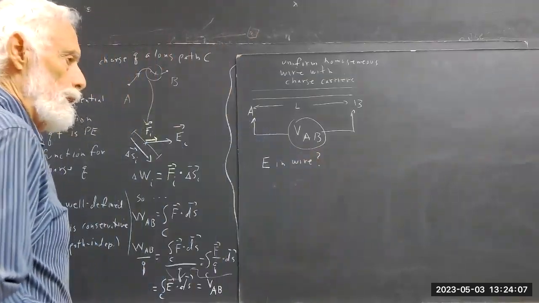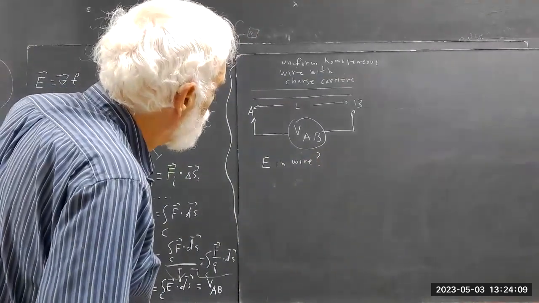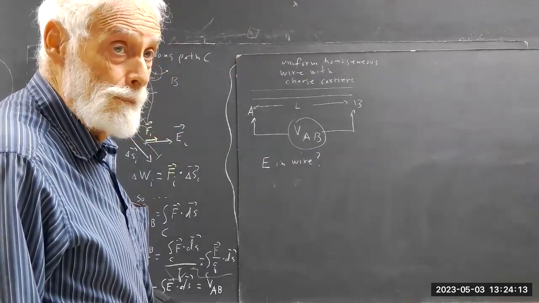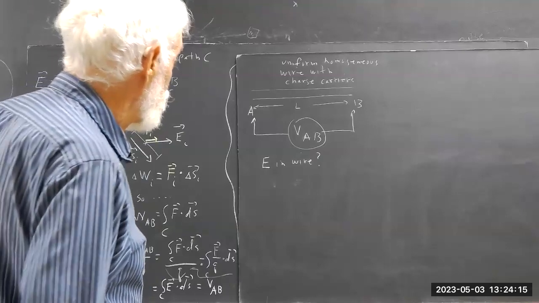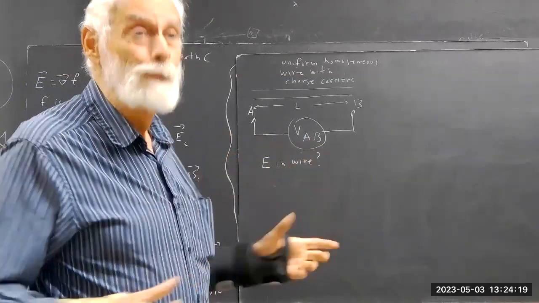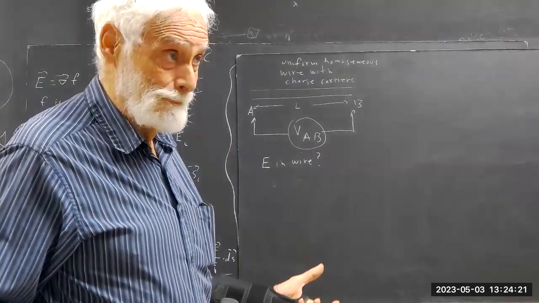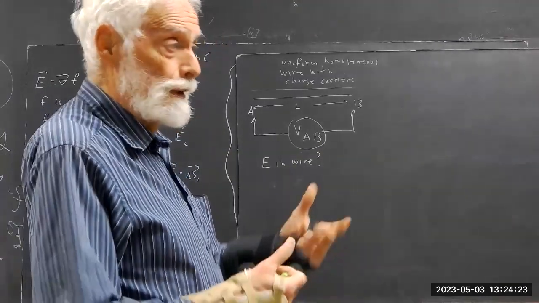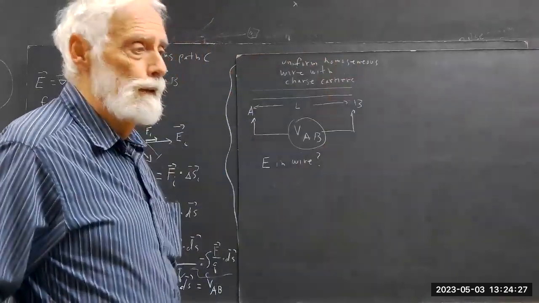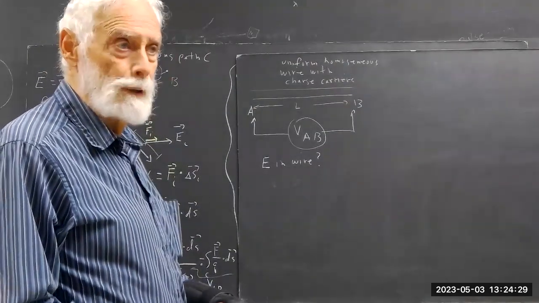Well, in the first place, it's got to be uniform, because if it's not uniform, charges are going to rearrange themselves to make it uniform. You can't have a net accumulation of charge any place. And if it's a uniform wire, the electric field has to be the same.